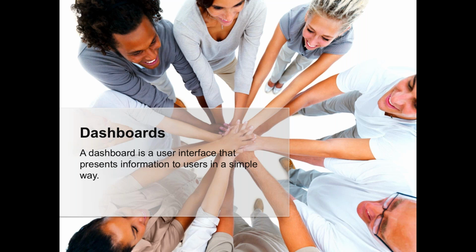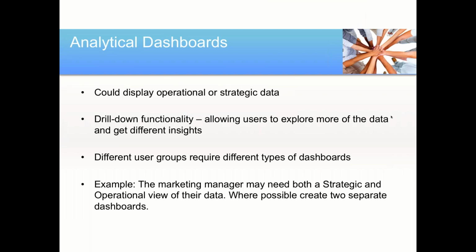So we want to talk about analytical dashboards right now. Analytical dashboards can display operational or strategic data. It's a lot of information in one place, a lot of data. And so we always suggest using the drill down functionality, just because this allows users to explore more of the data and to get different insights into each piece of data. Also, we suggest for different user groups that we require different types of dashboards.